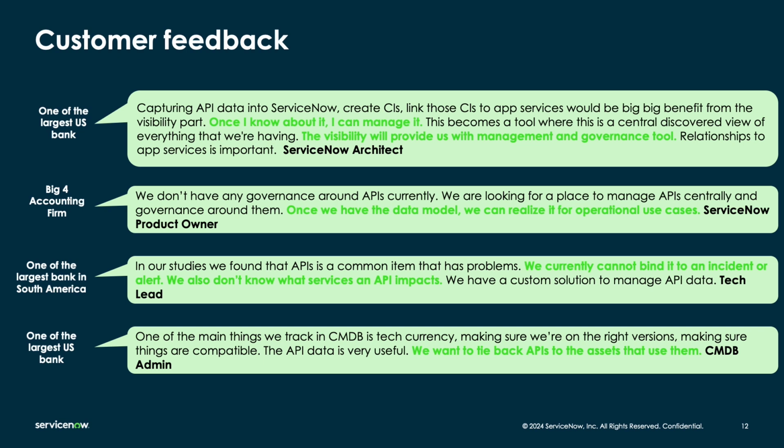Shadow IT is a real thing in that organization, and they specifically want to monitor APIs that access customer specific information. So this tool will give them the ability to look at all those APIs that have access to consumer sensitive data, and then they can do regulations behind it.